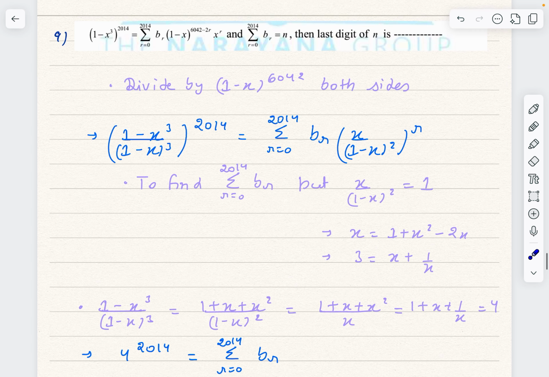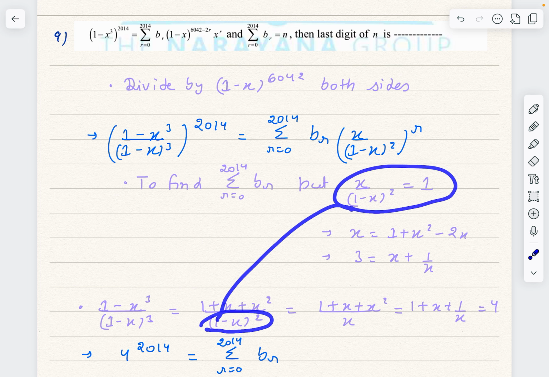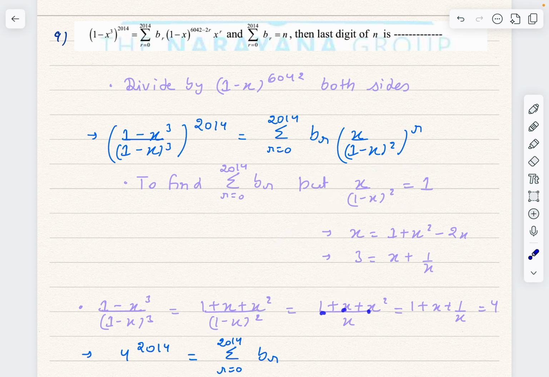On the left side, we have (1 minus x cube) by (1 minus x) whole cube. Let's try to solve this thing. We get (1 plus x square) by (1 minus x) whole square. This 1 minus x gets cancelled out one time, and in this (1 minus x) whole square, we can see just x only from here. So we get (1 plus x square) by x.